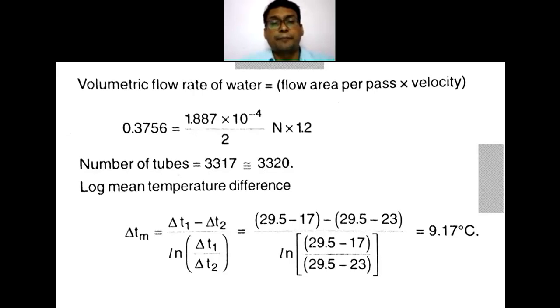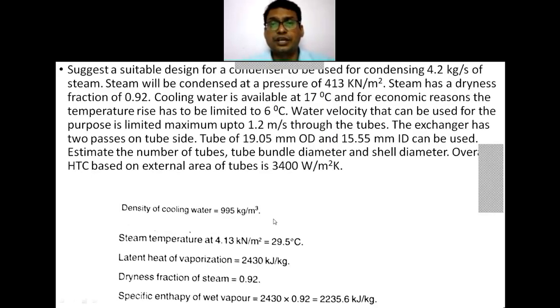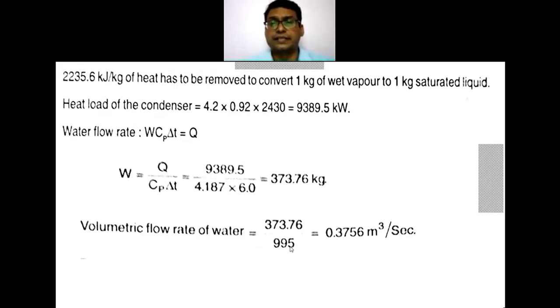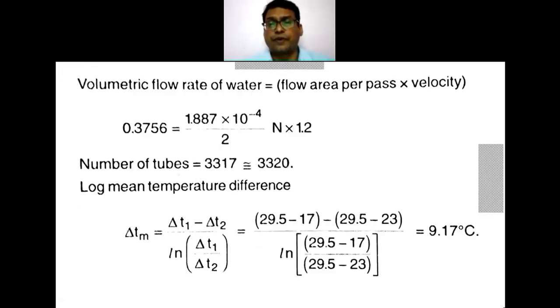Then the log mean temperature difference, LMTD. The temperature of saturated steam, the steam temperature at 4.13 kilonewton per meter square, is 29.5 degrees Celsius. So 29.5 degrees Celsius and 17 degrees Celsius.